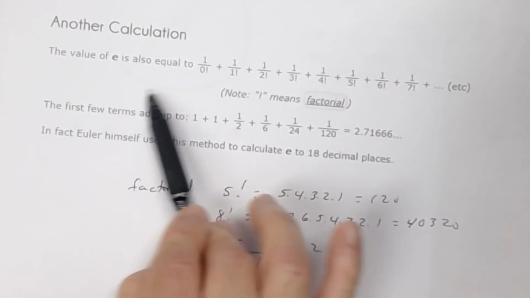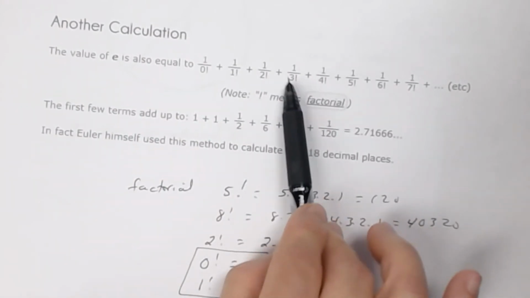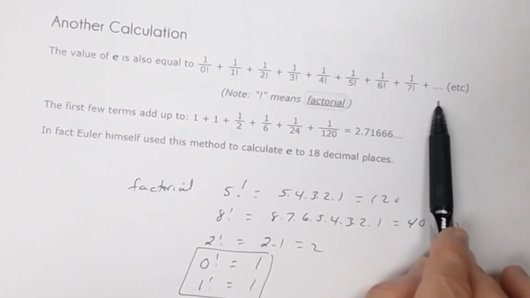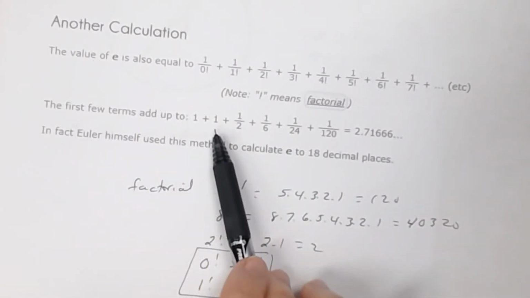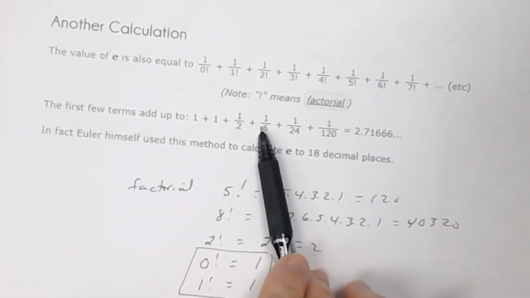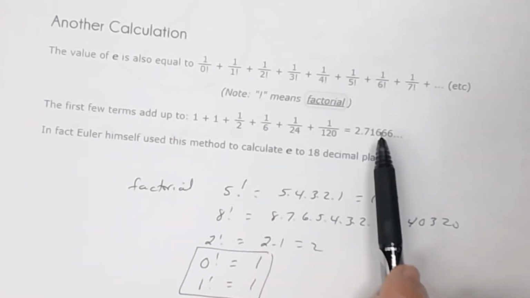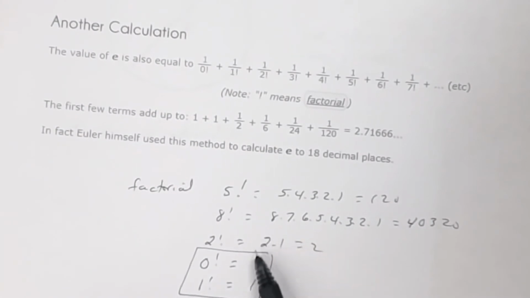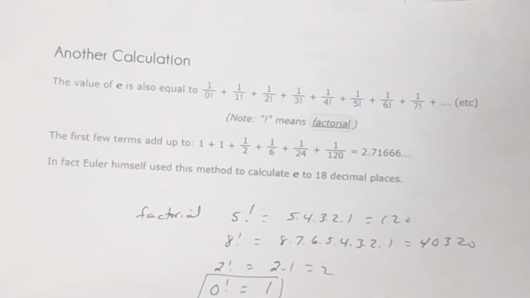So 1 divided by 0 factorial plus 1 divided by 1 factorial plus 1 divided by 2 factorial plus 1 divided by 3 factorial, and so on, is going to equal e. So notice that 1 plus 1 plus 1 half plus 1 over 6 and so on is equal to 2.71666. And if you kept on going, you would get something close to 2.718. All right, so that was just a quick idea of where e came from.